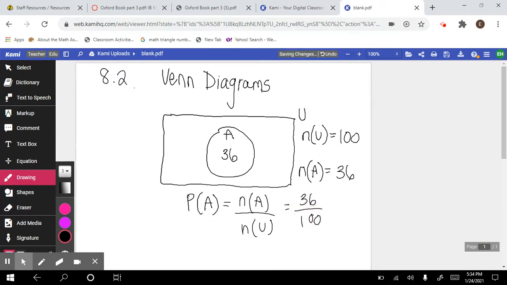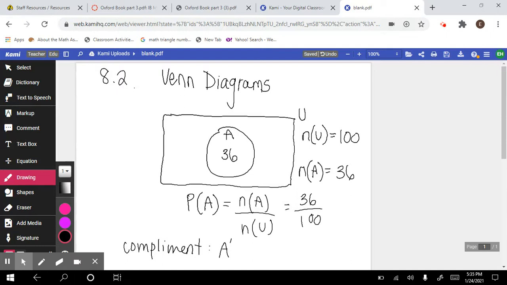Okay. We also have everything that's on the outside, which is called the complement. So complement is denoted by a little apostrophe. Sometimes you'll see a little C up there, but I think our book does the apostrophe.